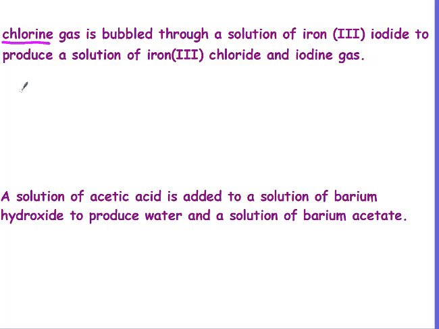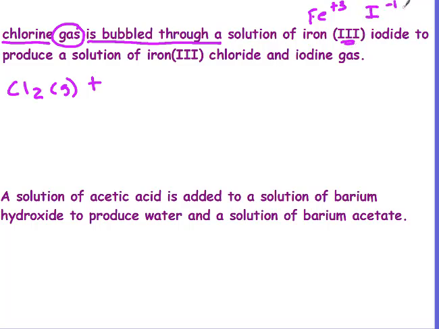So chlorine is Cl, but chlorine is diatomic, so you should have put Cl2. It's a gas, so we're going to put a g. Is bubbled through a, so that's just saying that we're mixing them, a solution of iron, which is Fe plus 3, because it said plus 3. Iodide is I with a -1. So it's going to be FeI3.